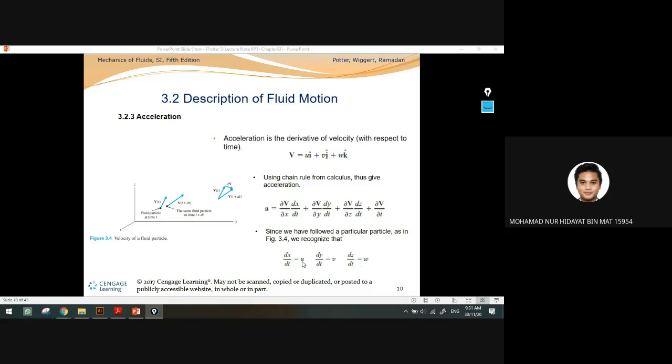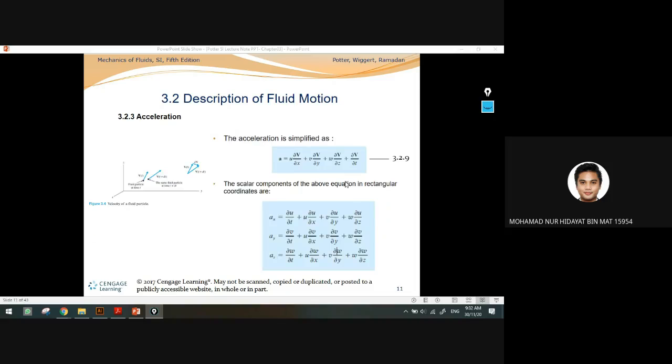These are the velocity components in the x, y, and z directions. Since we know these equations are related, we can simplify the equation. From here, we replace dx over dt with u, dy over dt with v, and dz over dt with w.